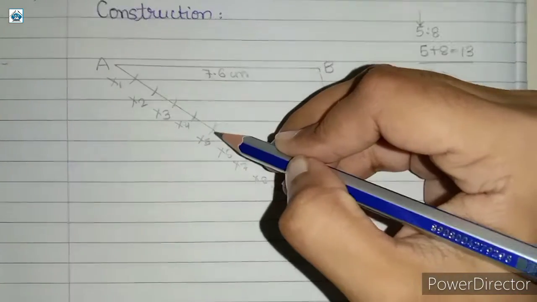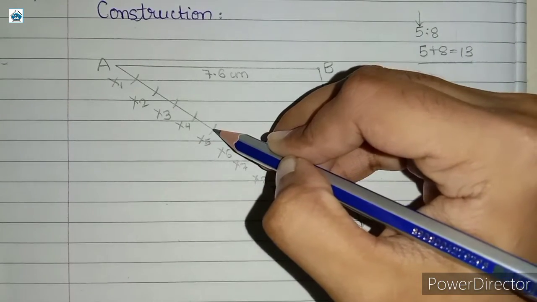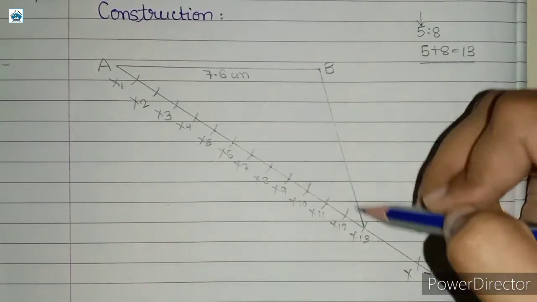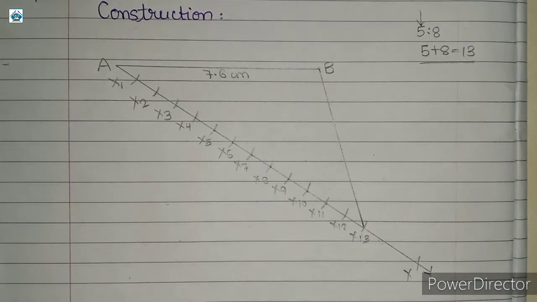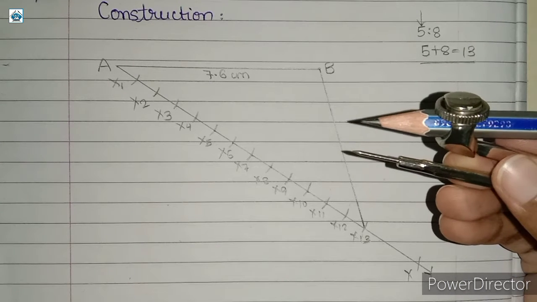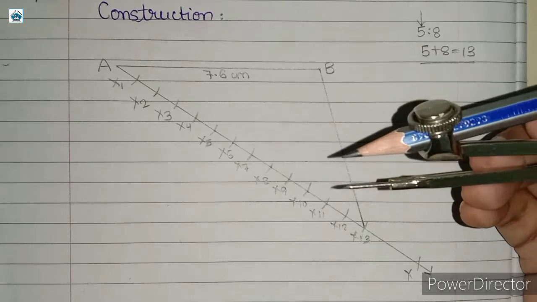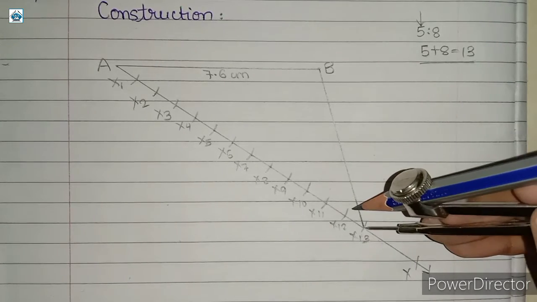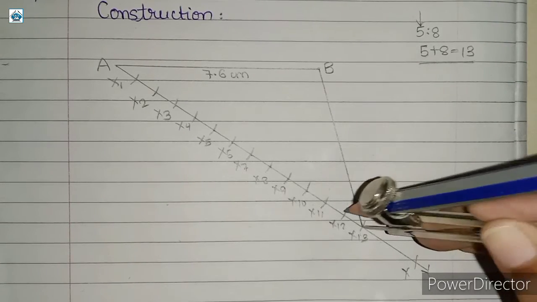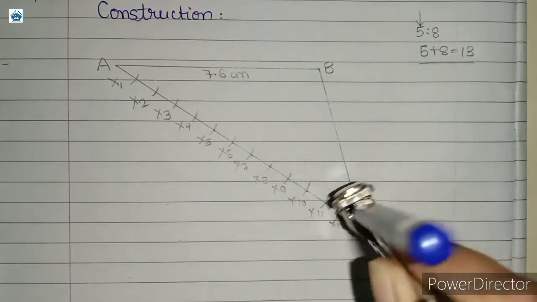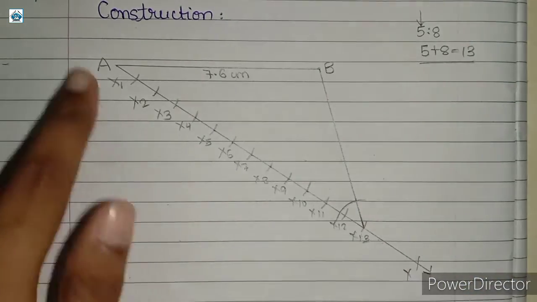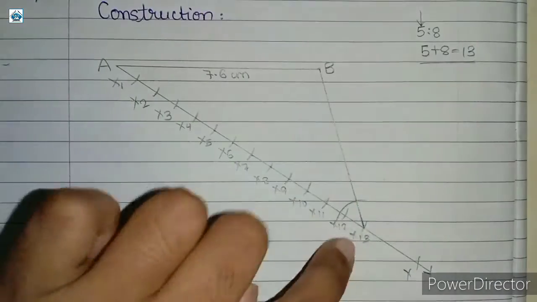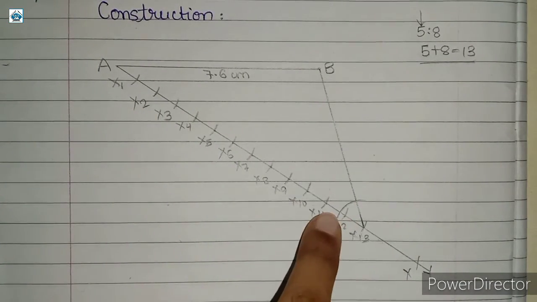So we'll draw a line segment parallel to BX13 from X5. For that, you need to follow the following steps. Here you need to take a fixed measurement on the compass. Keep it on x13 like so and draw an arc to intersect AX and BX13 both.